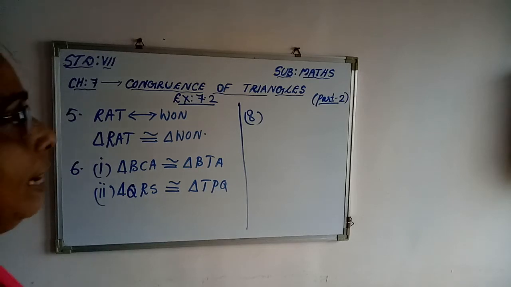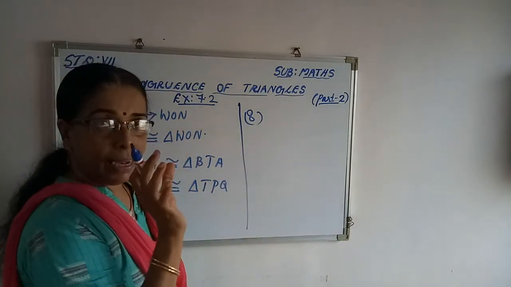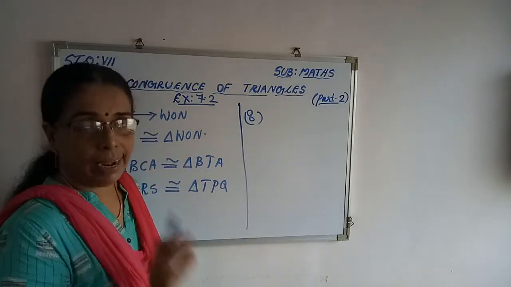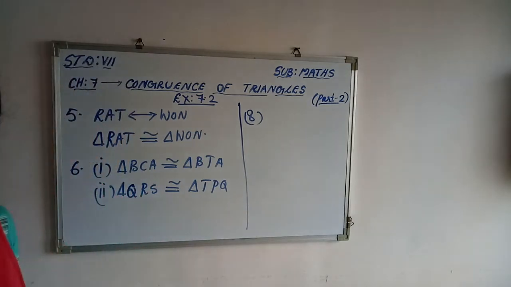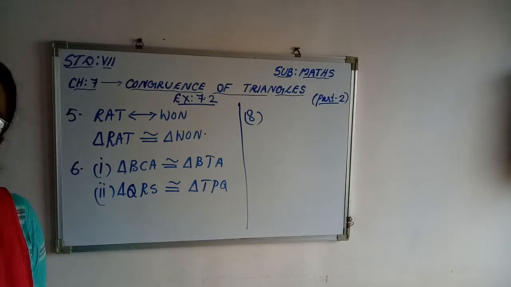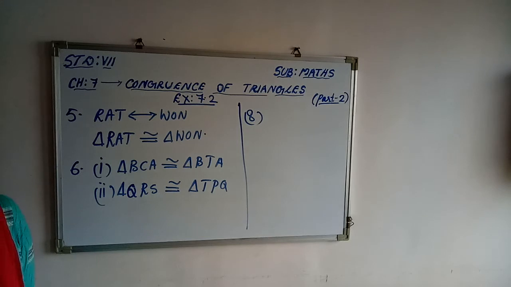So listen once again, I'll tell you. If you take 2 triangles, there are 6 pairs of corresponding parts. Which are the 6 pairs? 3 pairs of sides and 3 pairs of angles. And in that, if any 5 pairs are equal or congruent, the triangles will be congruent.